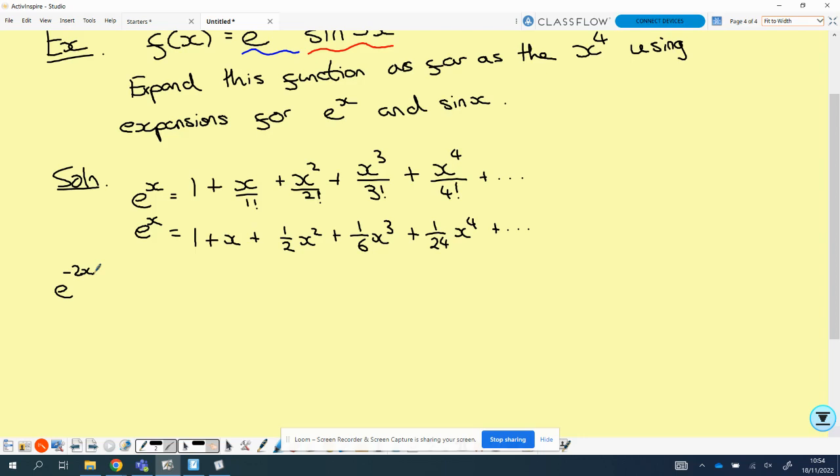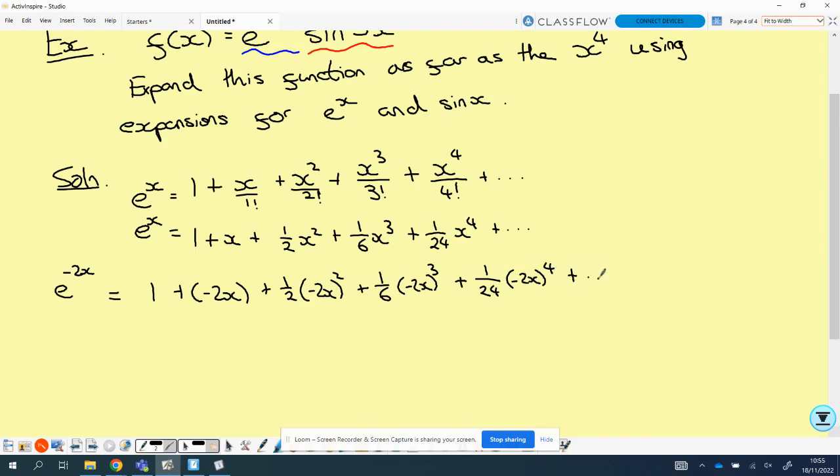So the expansion for that would be 1 plus negative 2x, okay, that x becomes negative 2x, plus a half negative 2x all squared, plus a sixth negative 2x cubed, plus 1 over 24 negative 2x to the power 4.